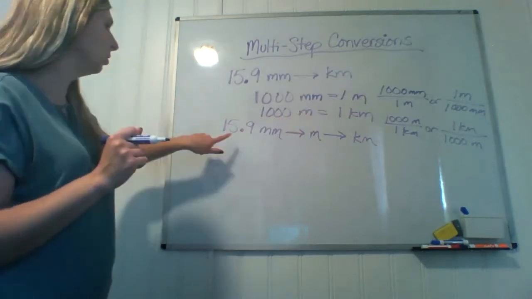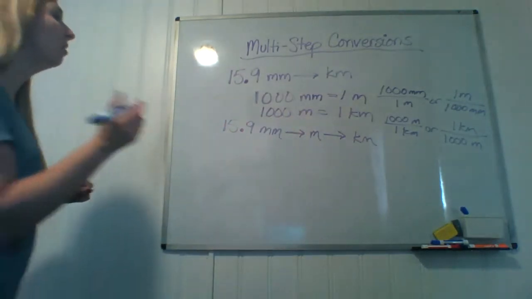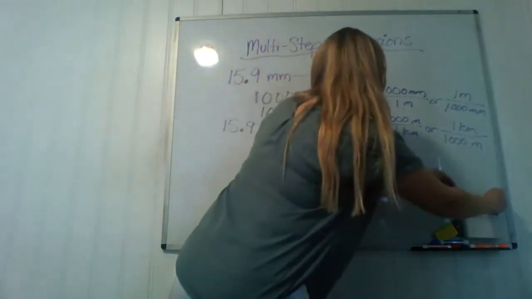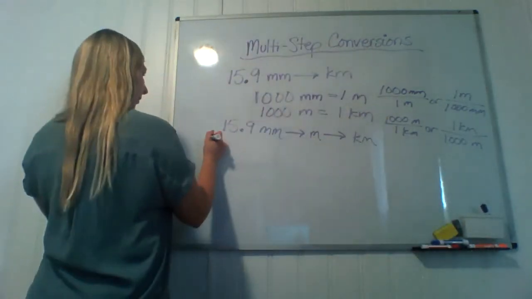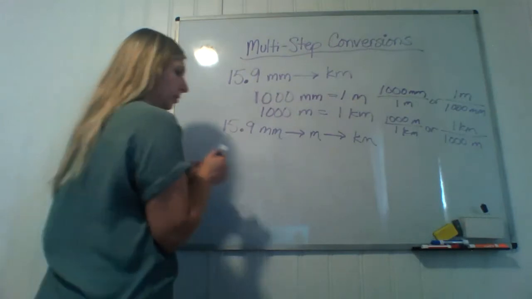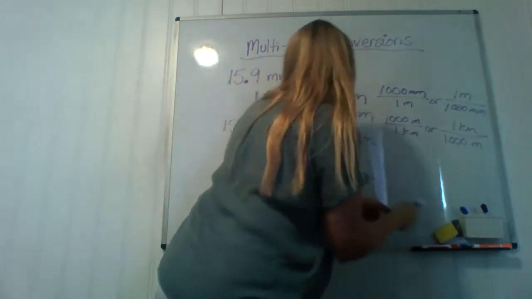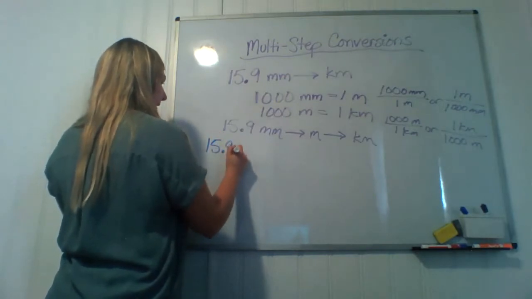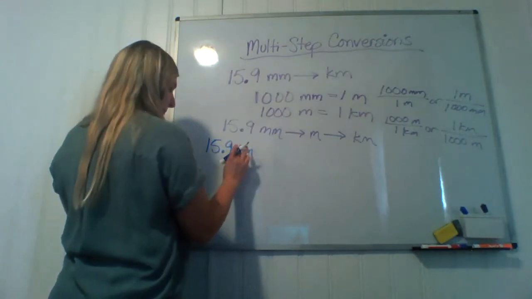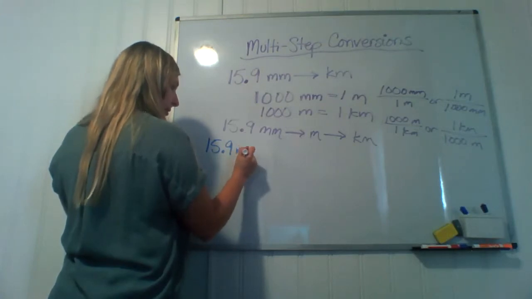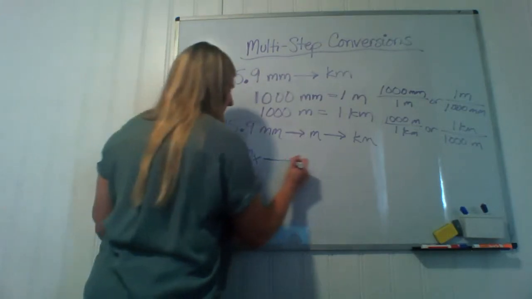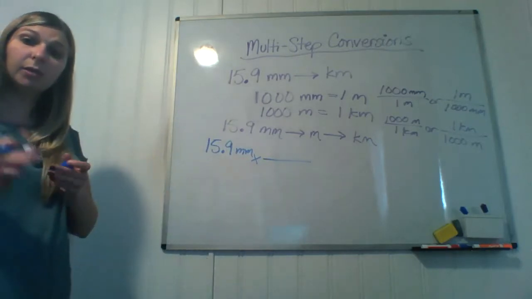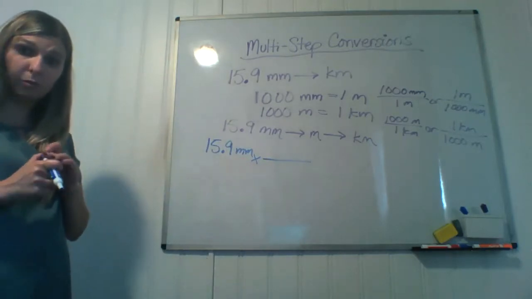Okay. Start with your given information, 15.9 millimeters. I'm going to try a different color here. That's not going to work. 15.9 millimeters. Okay, that is our starting point. Now, whenever we set up a conversion factor, we focus on the units first.